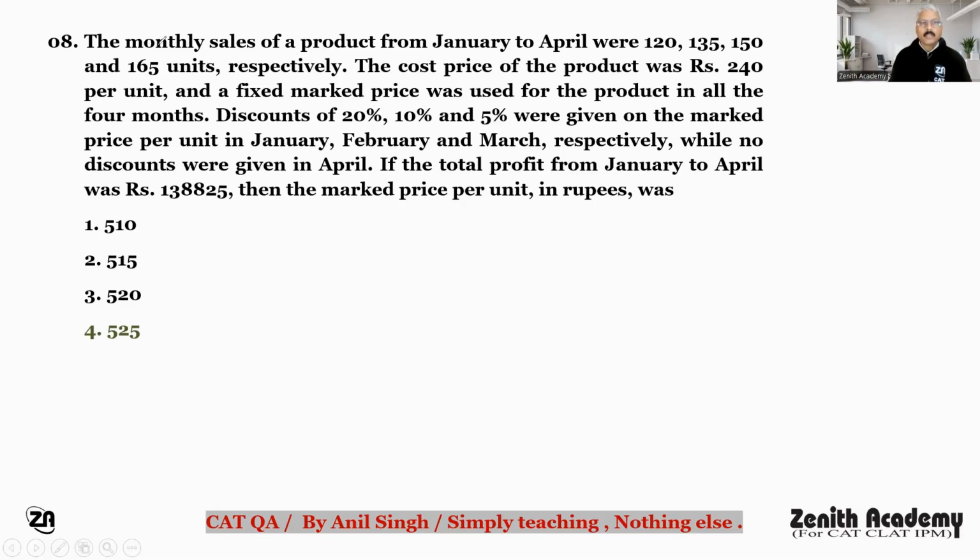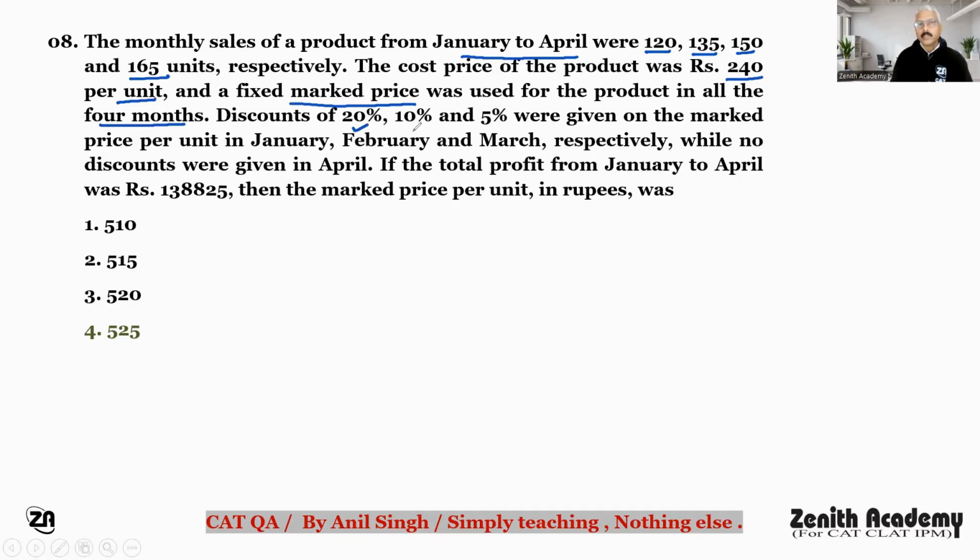Now the next question. The monthly sale of a product from January to April were 120, 130, 150 and 165 units respectively. The cost price of the product was rupees 240 per unit and a fixed mark price was used for the product in all the 4 months.